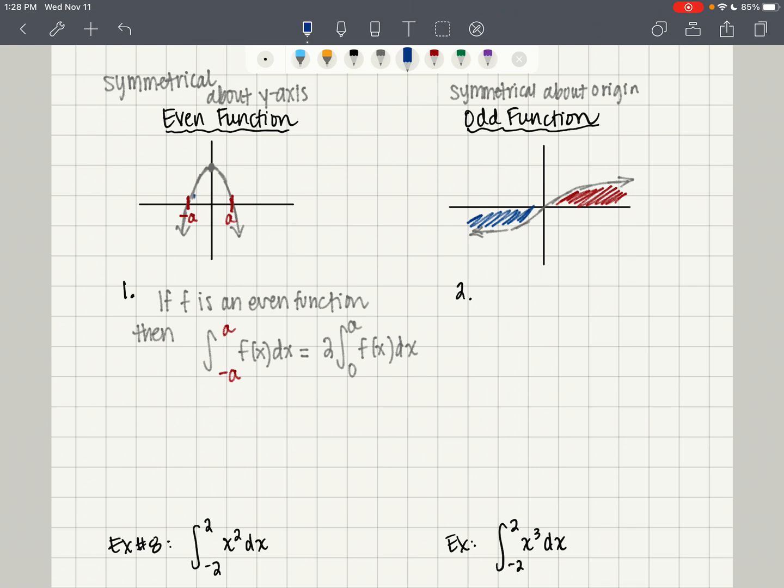Whereas on the left-hand side, when we had the even function, you had the same exact on the left as you did on the right, therefore you were able to double it. Over here, on the odd function, remember, this negative amount will be the exact opposite of this positive amount.